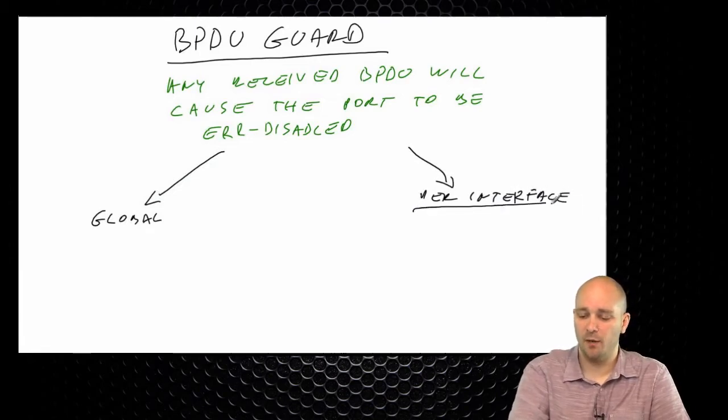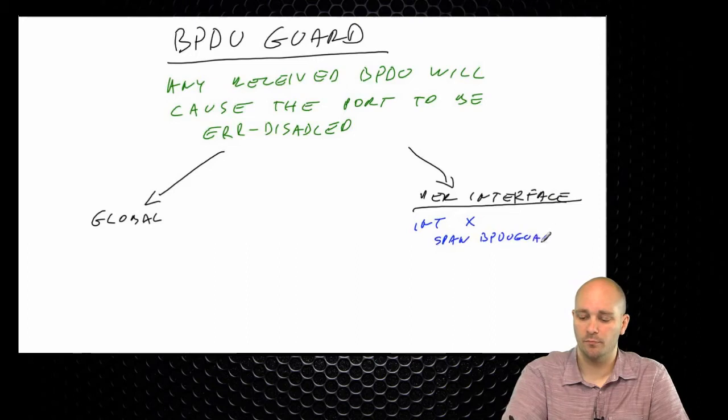Let me first explain per interface configuration. It's very, very simple. You're going to say interface X, spanning tree BPDU guard enable.